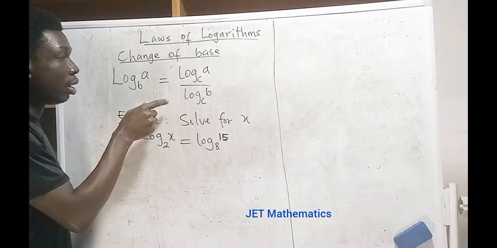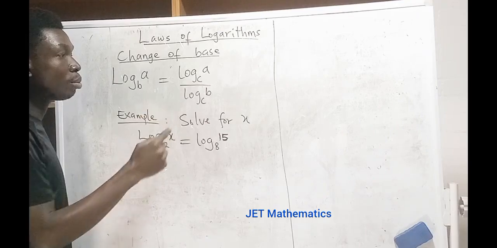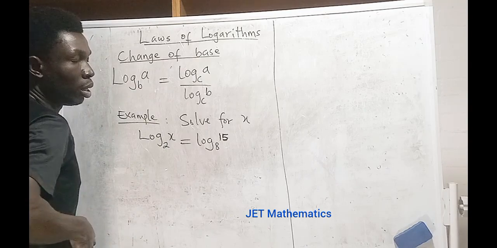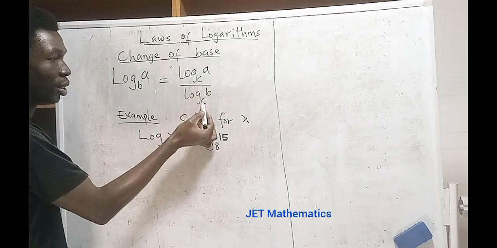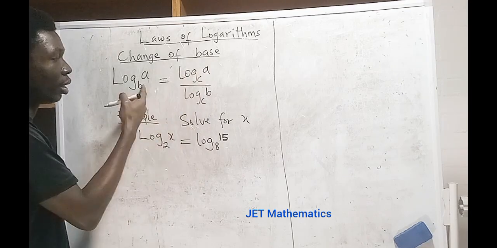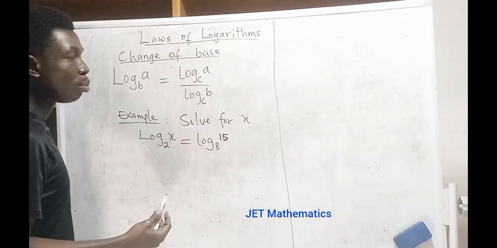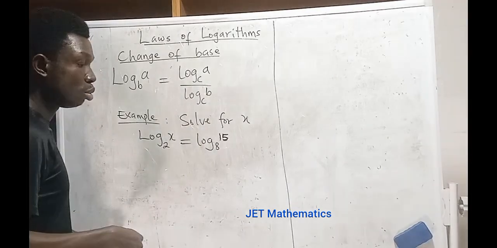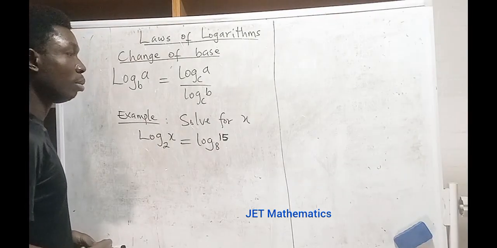You can change the base to a convenient base, but the new base must be greater than 1. So we have here base c, and then we have a here and b there. Doing this, you may be able to simplify the problem, or you can even use your calculator to press it on your logarithm tables to solve the problem.